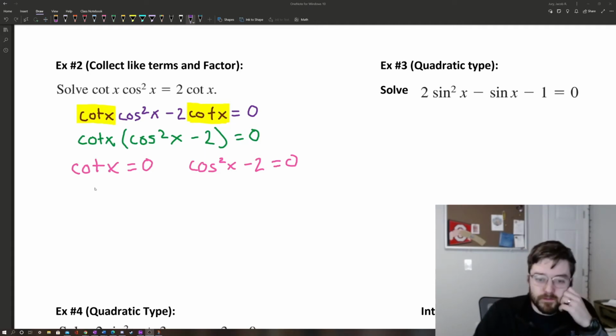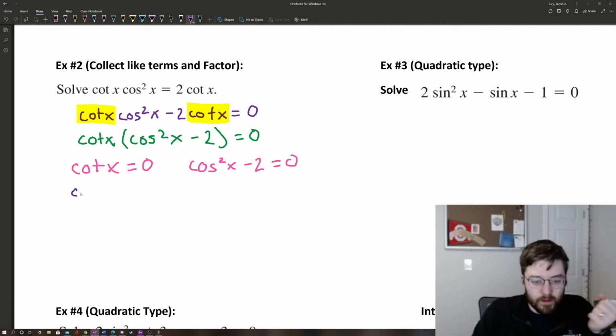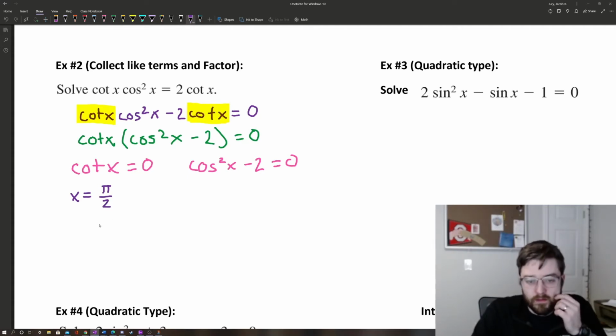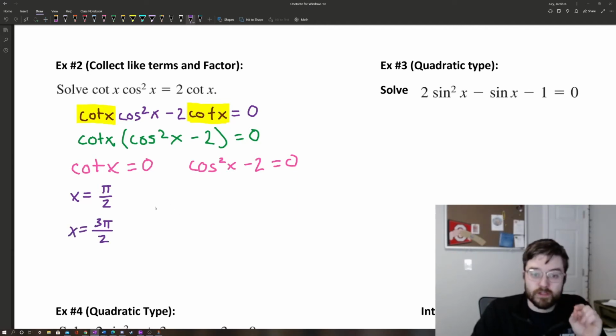Cotangent x equals 0 when cosine is 0. So that is true when x is equal to pi over 2 and 3 pi over 2. So we have two different locations on the unit circle where that is true.